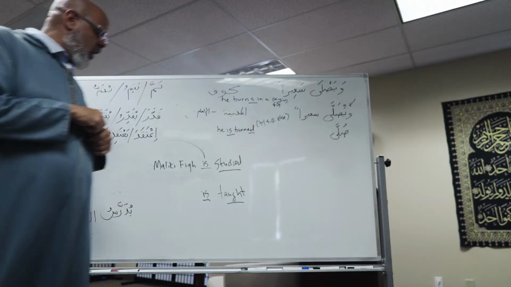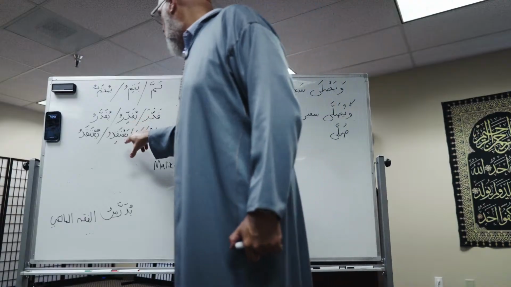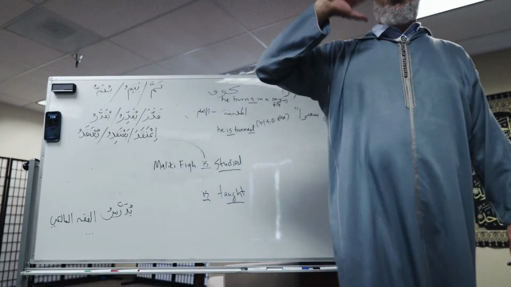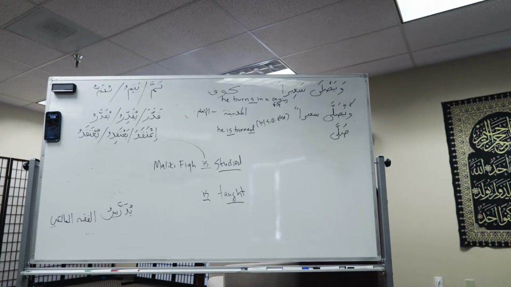But look closely at the root letters. The ya and the ta are added to it. They're not part of the root. So if you take that away, what's another word that we're very familiar with that has those three root letters? Take away the ya and the ta. You're left with what? Ain, qaf, dal.